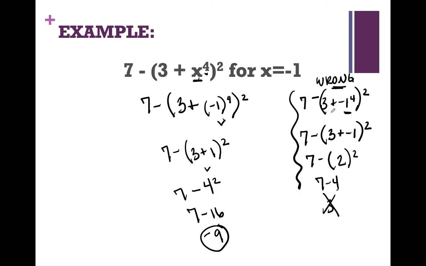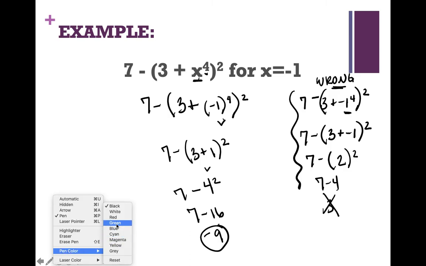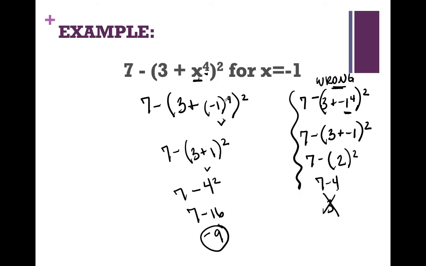Okay, so you have to be very, very careful that when you are plugging a number into an expression, you're putting parentheses around it. So right here is where the key is. Make sure you're putting parentheses around there. Again, this is really only imperative if there's a power, an exponent of 4.